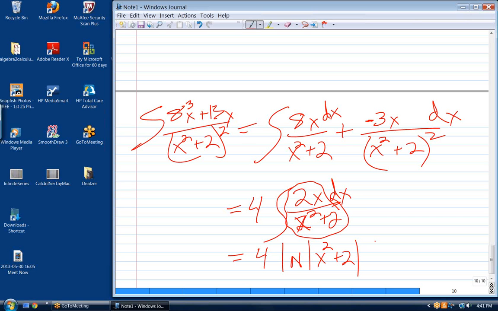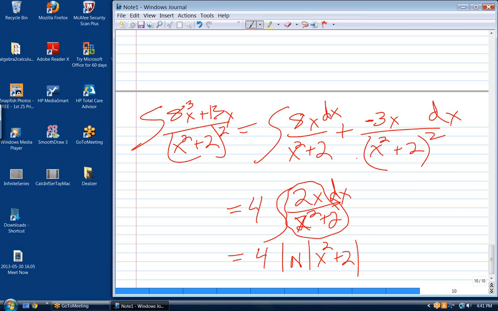let's see. The second one actually factors rather nicely, or we can just use the power rule on it also.